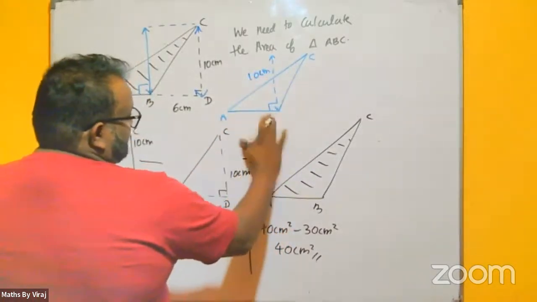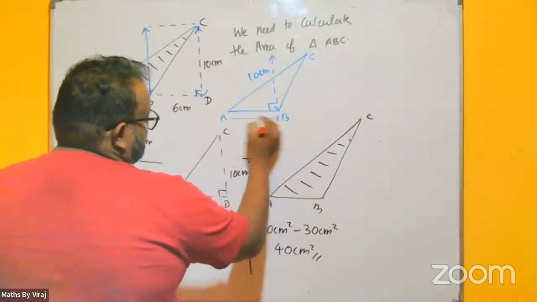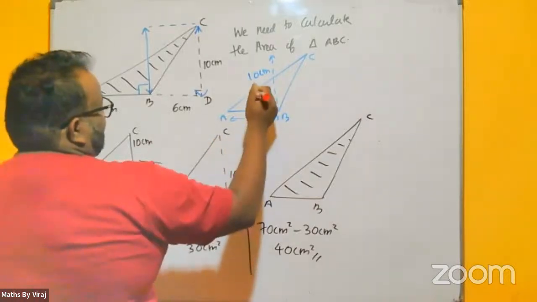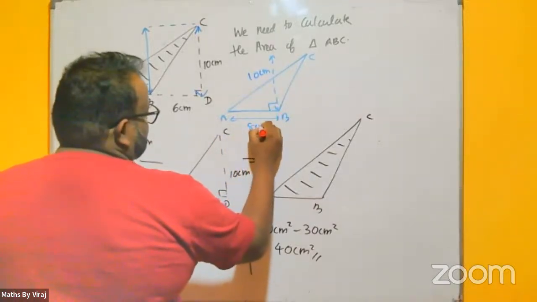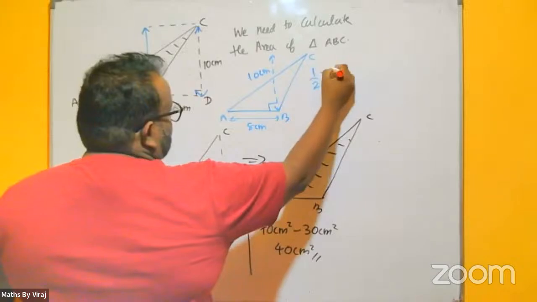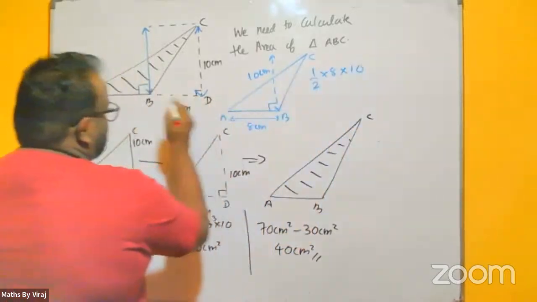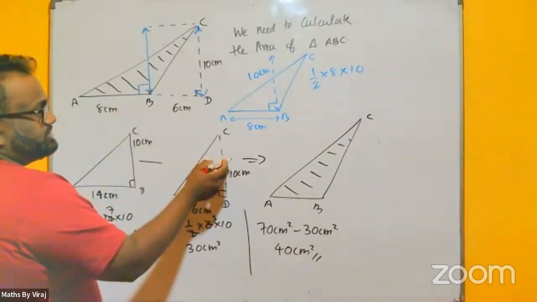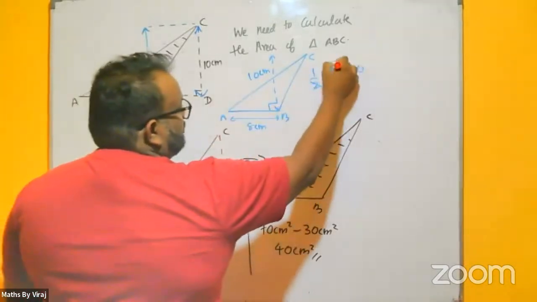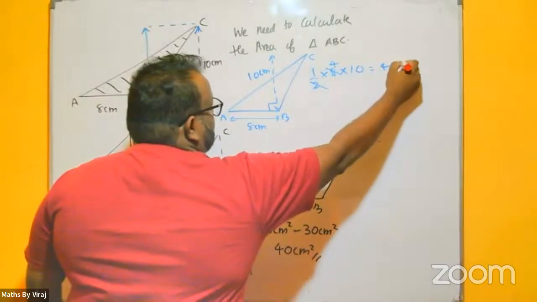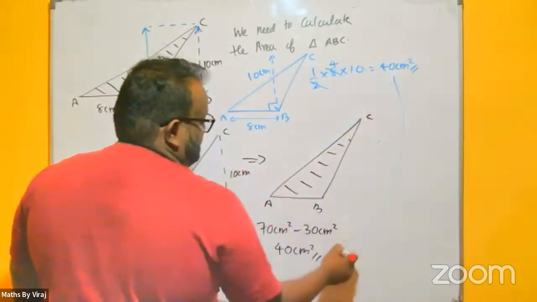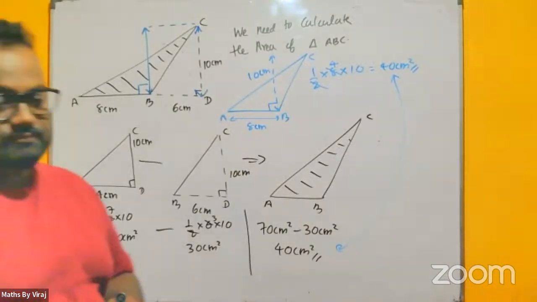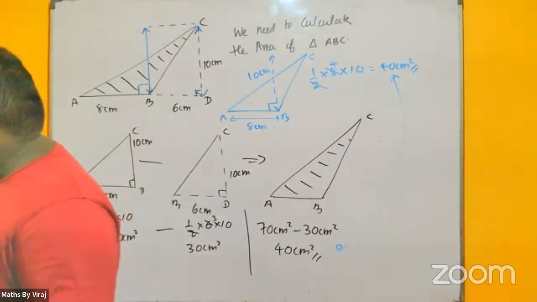I consider AB to be my base and the perpendicular height is 10. Therefore, this is 8 centimeters. Half into 8 into 10. It need not be inside the triangle. Even though it is outside, you can consider it to be perpendicular. And hence we get the same answer as that.